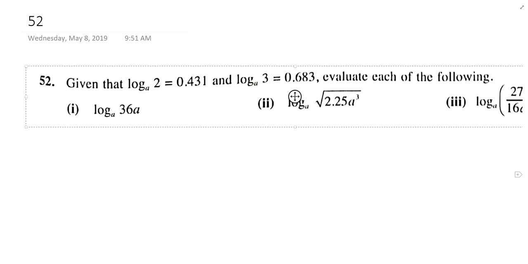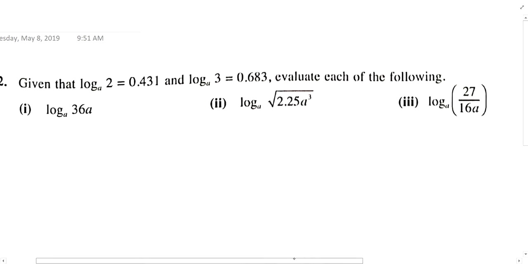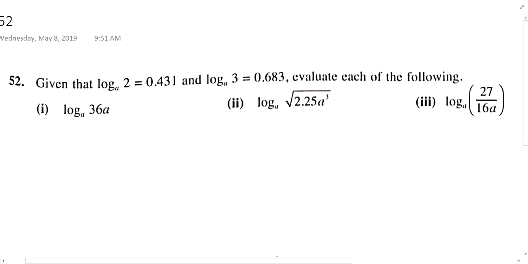Okay, moving on. 52. Who needs help for this question? Raise your hand. Nobody. Okay, part 1. Who needs help for part 1? Raise your hand. Did you even do? When? Huh?